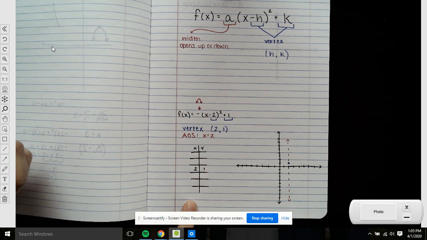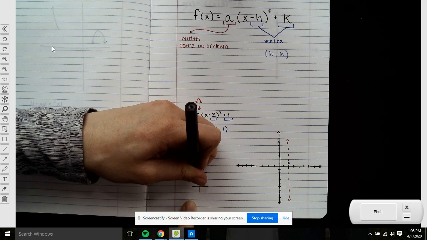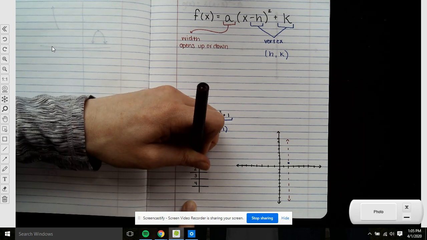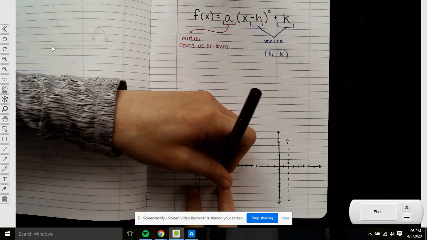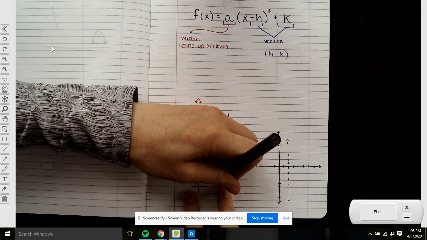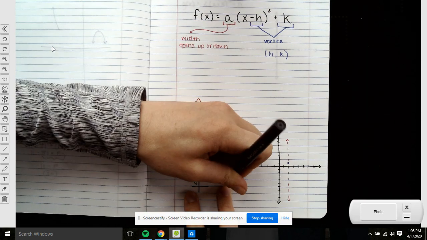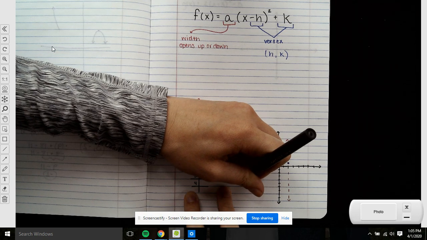Now every time I make a table, keep in mind we're doing this like a number line. 0, 1, 2, 3, 4. So now I'm going to just plug in the values and see what happens. So first I'll do the 3. I'll have negative, plug in 3 for x, so negative (3 minus 2) squared plus 1.